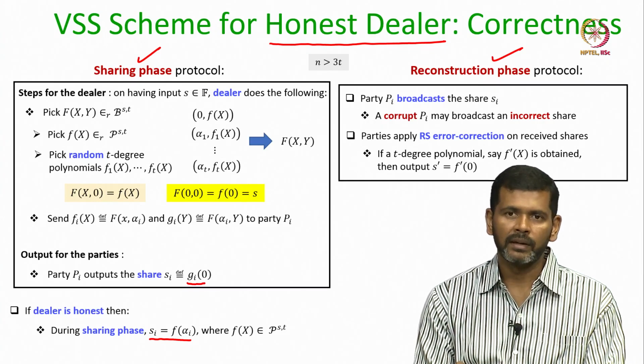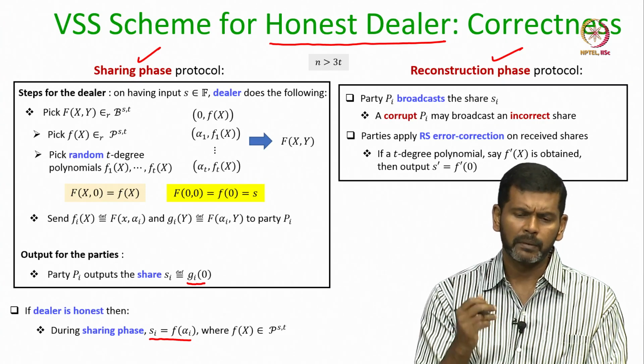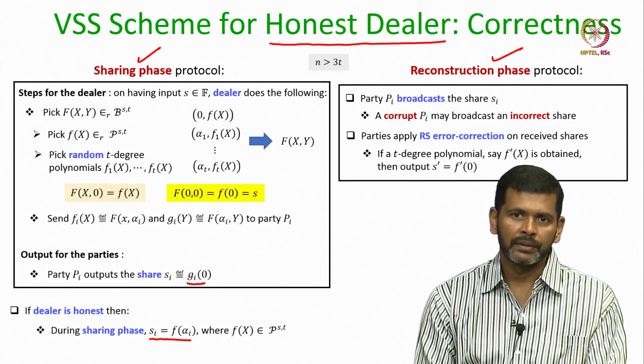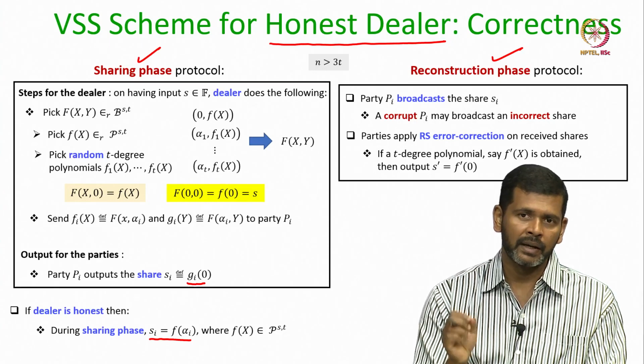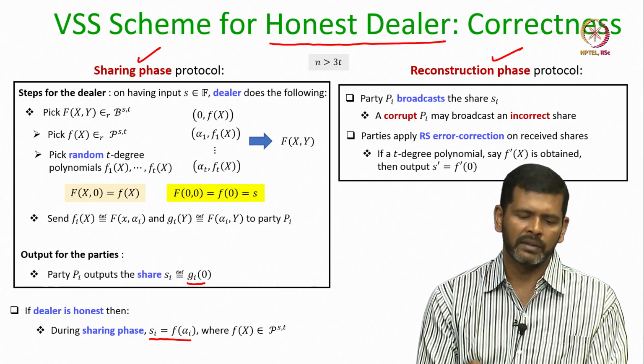So, there is some t degree polynomial picked by the dealer, and the shares of all the honest parties indeed constitute distinct points on that t degree polynomial.